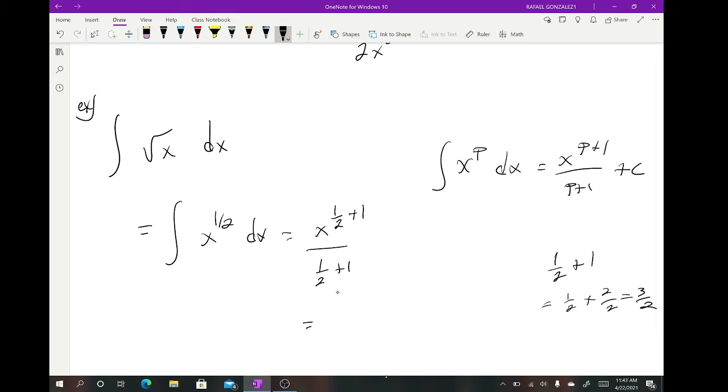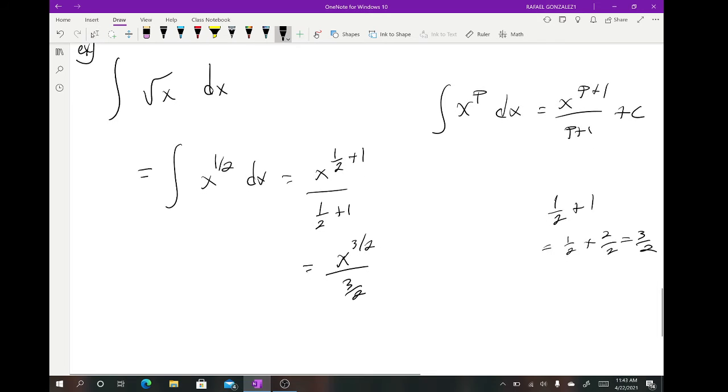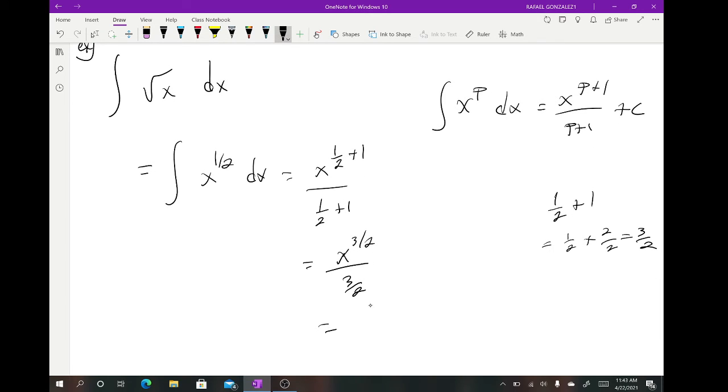We have x to the 3/2 in the exponent and 3 over 2 in the denominator. But we don't want to leave this as a complex fraction, so we multiply by the reciprocal of 3 over 2. So our solution is 2x to the 3 over 2 over 3.